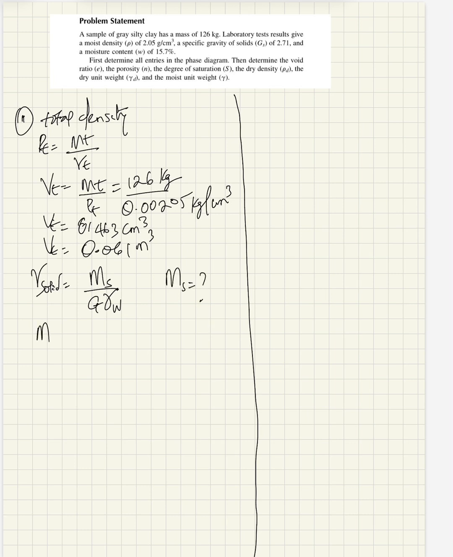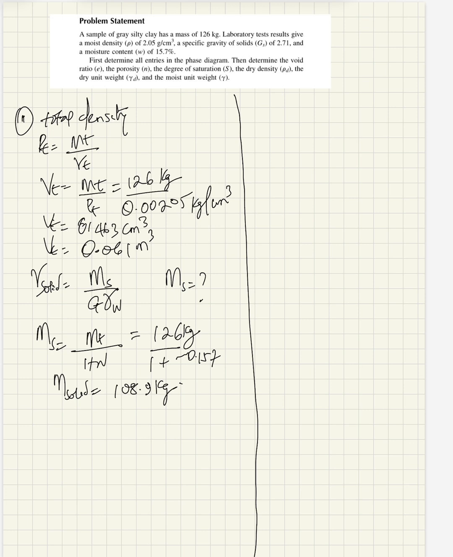Mass of solid equals total mass all over 1 plus water content. Our total mass is 126 kilogram all over 1 plus water content, which has been given as 0.157. So mass of solid equals 108.9 kilogram.